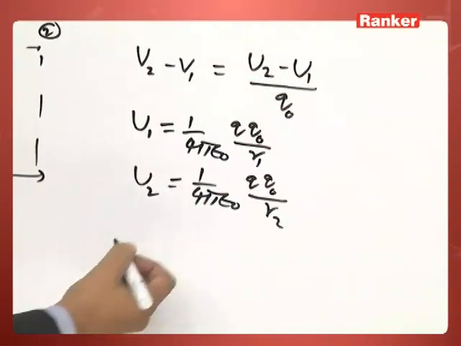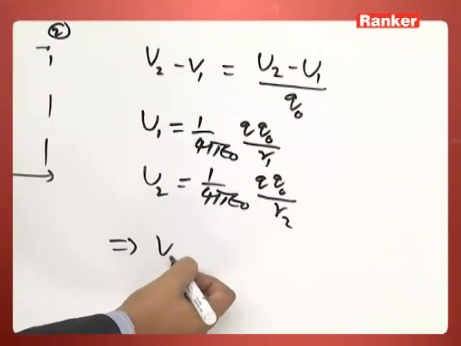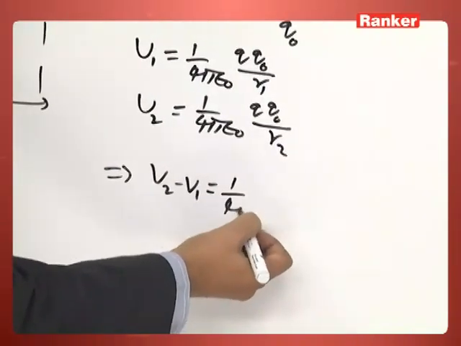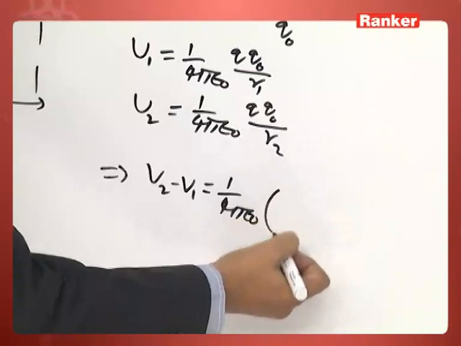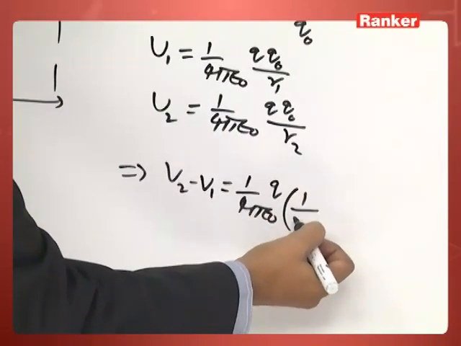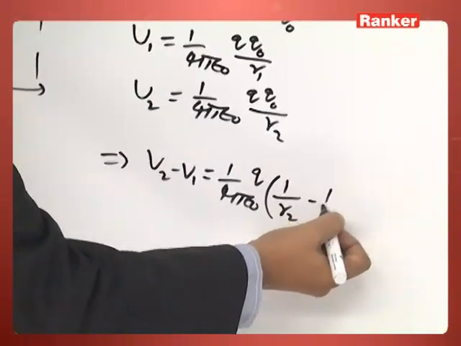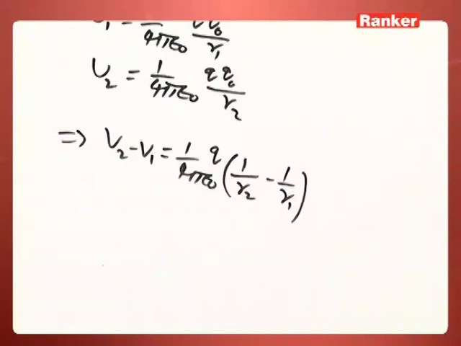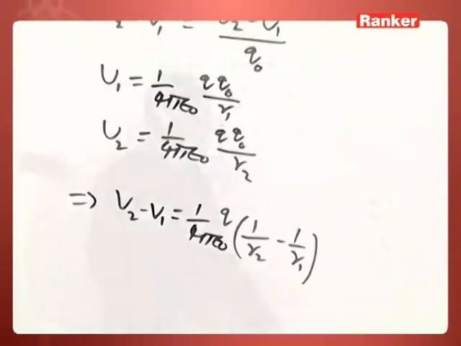Substituting this, we get V2 minus V1 is 1 by 4 pi epsilon naught Q times 1 by R2 minus 1 by R1. This is the potential difference between points 2 and 1.